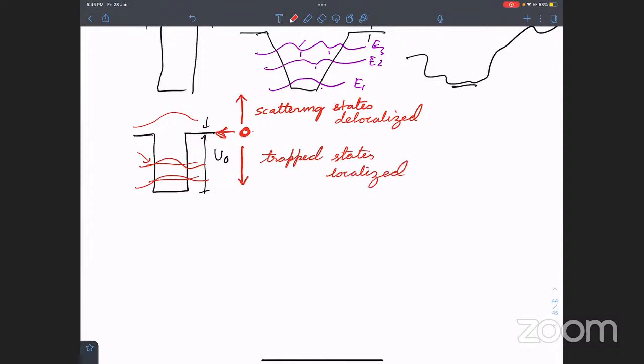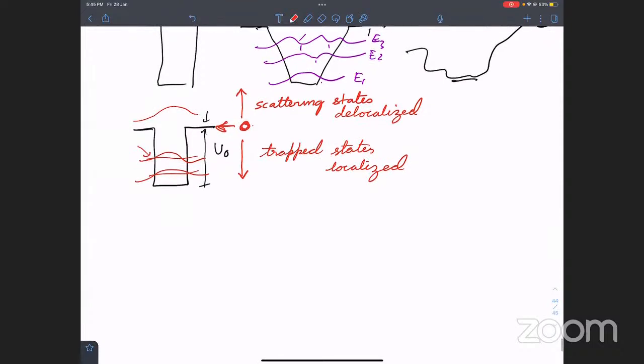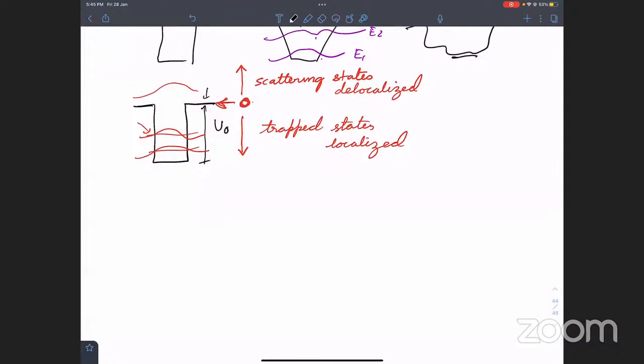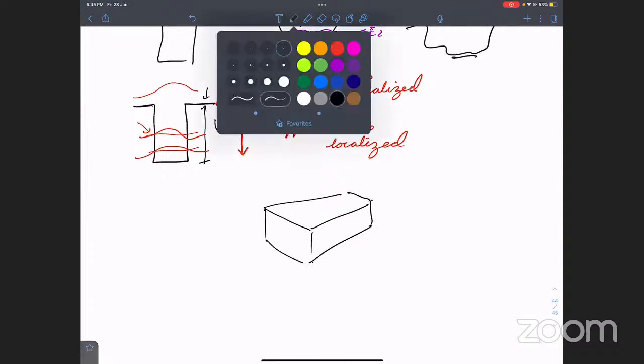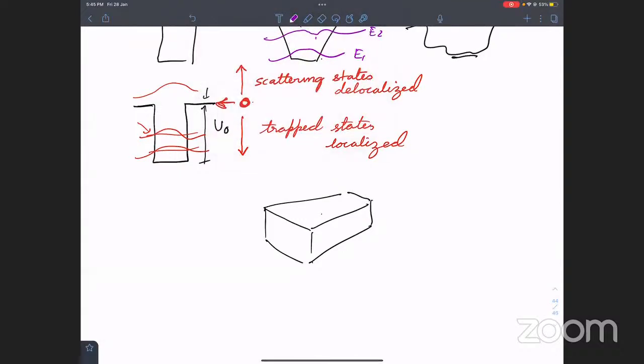Okay, now I'll give you an example. So let's take a semiconductor. We haven't covered semiconductors yet, but I'll give you an example from semiconductor physics to give you an idea of these trapped states. So let us say I have this piece of semiconductor, and there is a dopant, which is an impurity, a donor or whatever, maybe an impure atom is there.